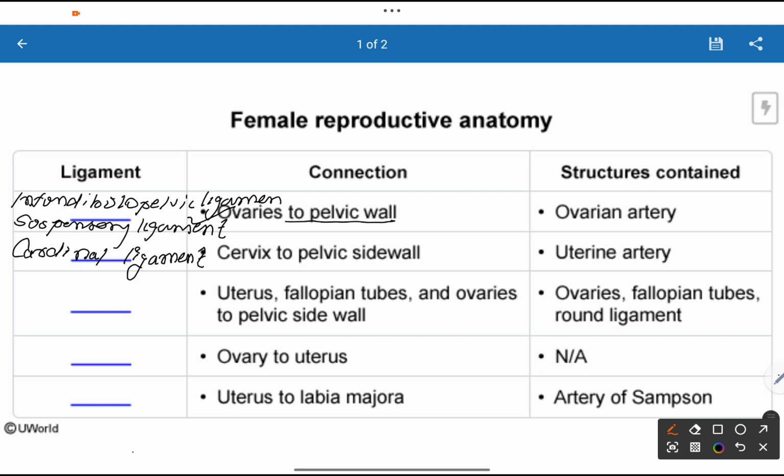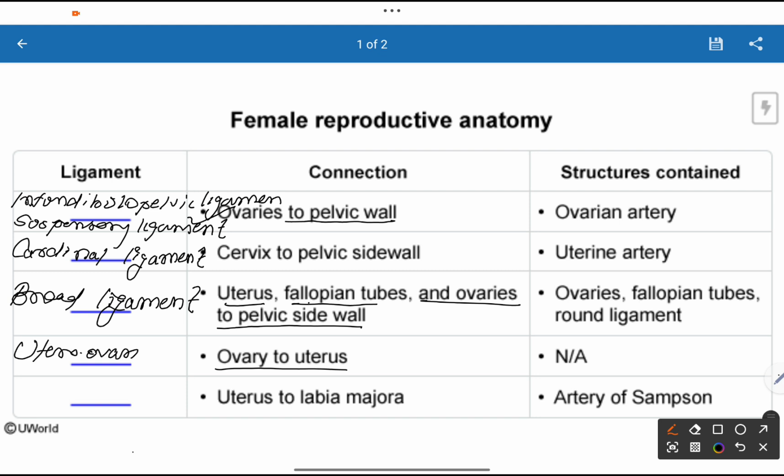And the ligament which helps the uterus, fallopian tubes, and ovaries attach to the pelvic side wall is called the broad ligament. The ligament which helps the ovary attach to the uterus is called the utero-ovarian ligament.